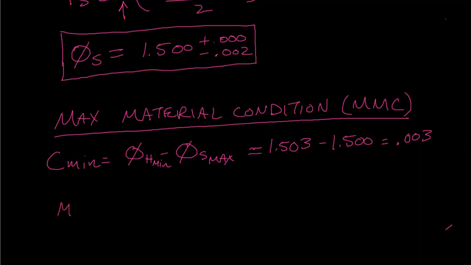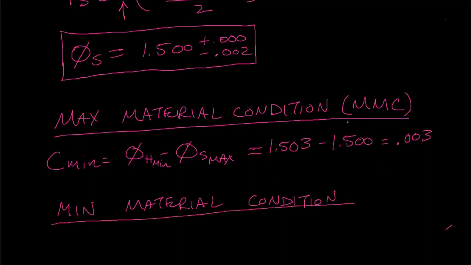Okay, now in our minimum material condition, and I'm a bit at a loss of what this is called because if you abbreviate it, it would also be MMC. So just double check that.